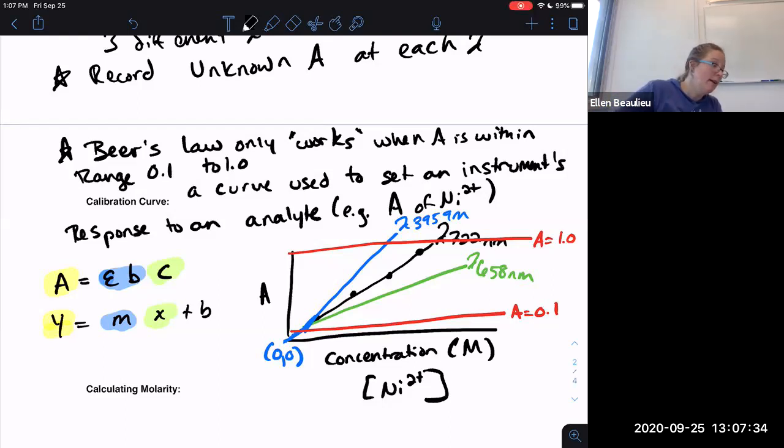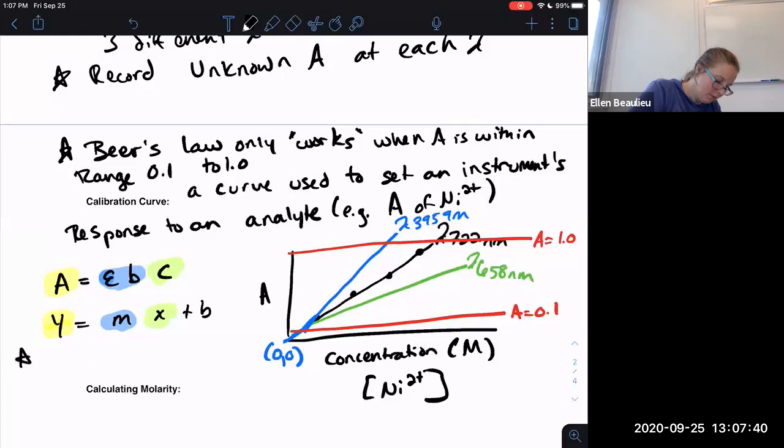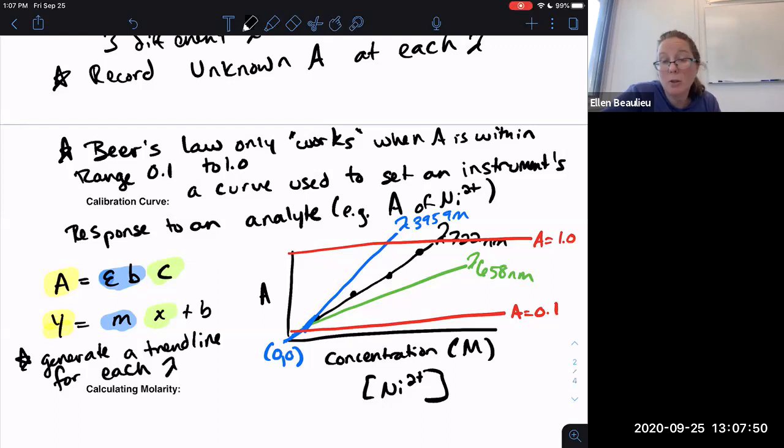Okay, now, having said that, we are going to generate 3 trend lines. We're going to generate a trend line for each wavelength. You're going to show the equation on your graph.